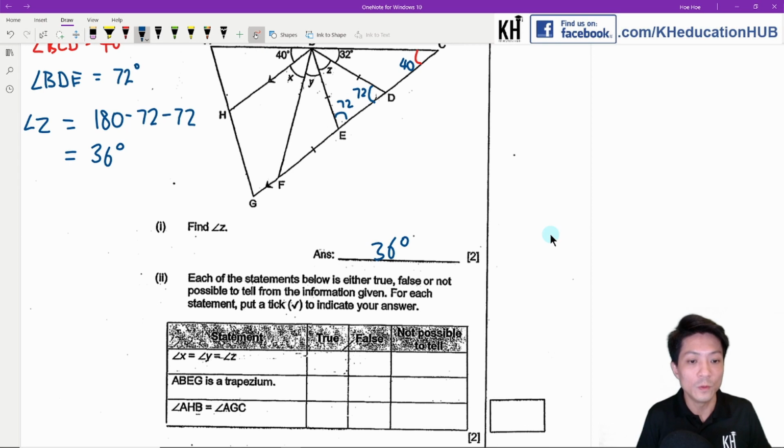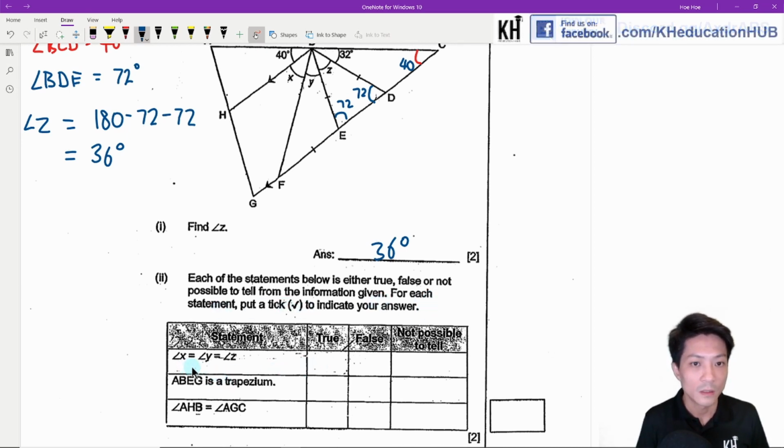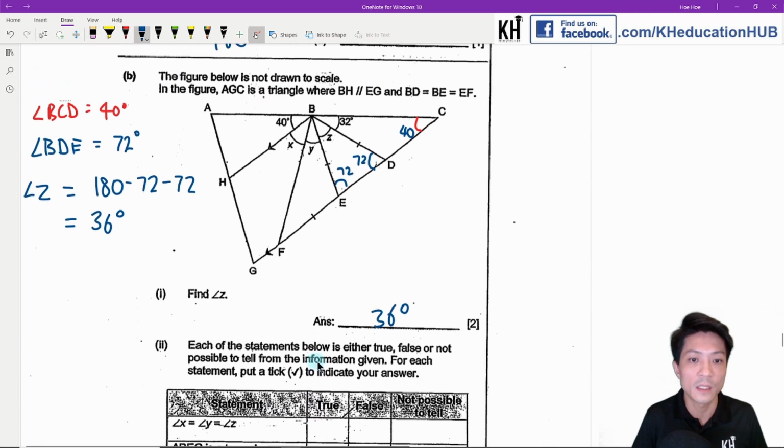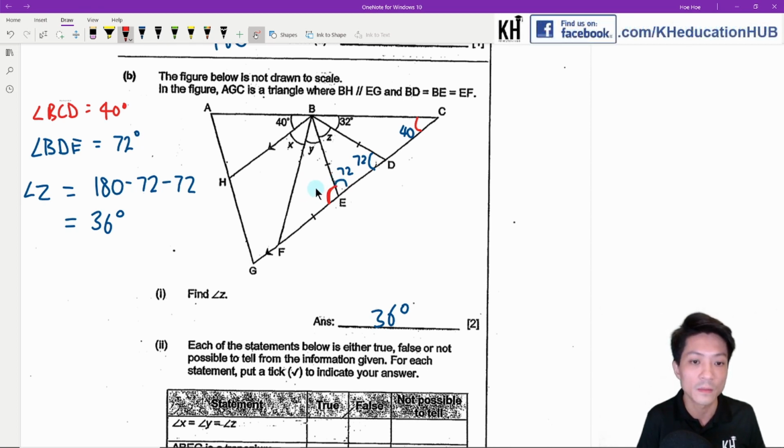For part 2, each of the statements below is either true, false, or not possible to tell from the information given. For each statement, put a tick to indicate your answer. The first one is saying angle x is equal to y is equal to z. Let me try to find x, y, z. First I'm going to find this angle here. 180 minus 72 is 108.